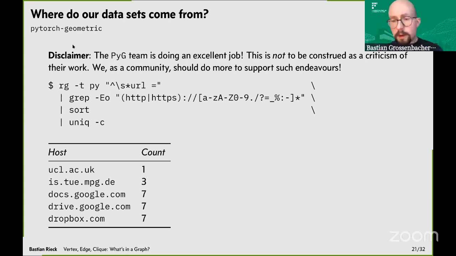Now, truth be told, whether this code is actually being executed or not, that's a different question, right? This I couldn't check with this, but I already found some interesting hosts, some interesting web addresses in there. Namely, there's ucl.ac.uk, and there's a host from is.tue.mpg.de, which is the Max Planck Gesellschaft in Tübingen.